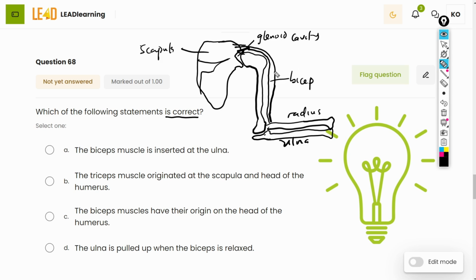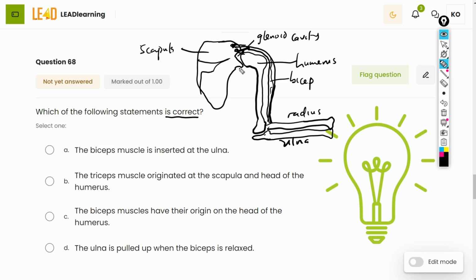The bicep originates, and this bone here is my humerus. Quite a complicated diagram. So it has both its origin on the scapula, and then it connects to the radius. So the bicep muscle has all its origin on the scapula and terminates at the radius. Now let's check the tricep, which is behind.